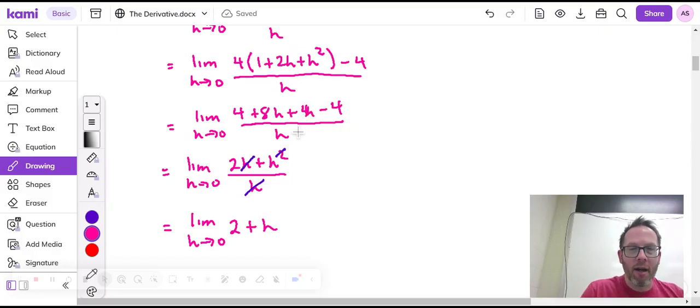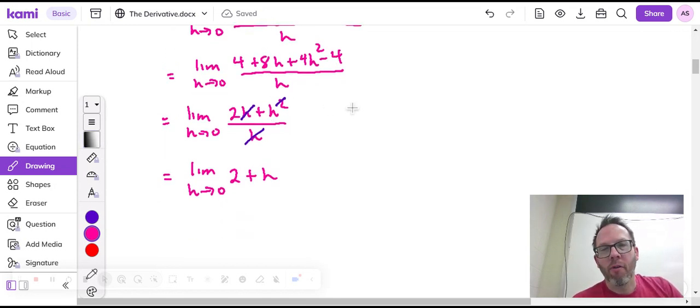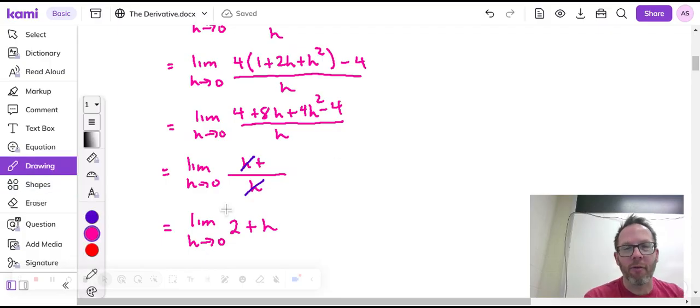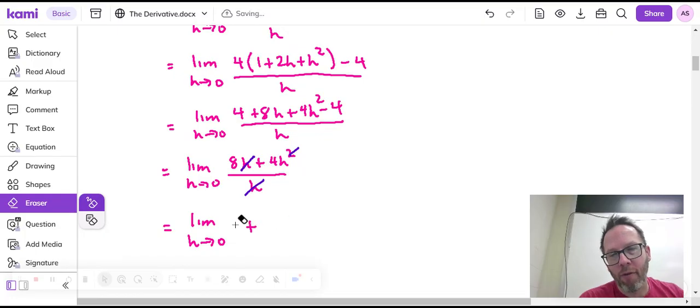But I am more than happy to be corrected. If you guys notice I make a mistake, just let me know. So that would change this one to be 8h. I was actually starting to figure out something was wrong because I'm like, this isn't what I got when I did my notes earlier. That's looking better. 8 plus 4h.